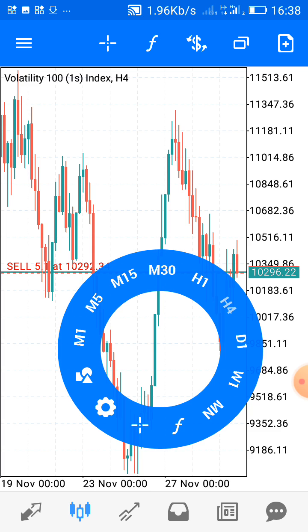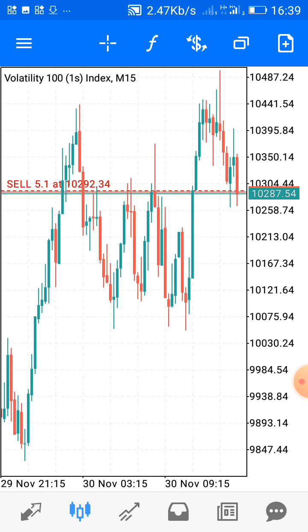So you must, as a scalper, use M1 up to M30. That is the shorter time frame. There is no way you can scalp using the 4-hour chart, but we just do that to confirm the direction of the movement of the chart. So let me go back to M15.